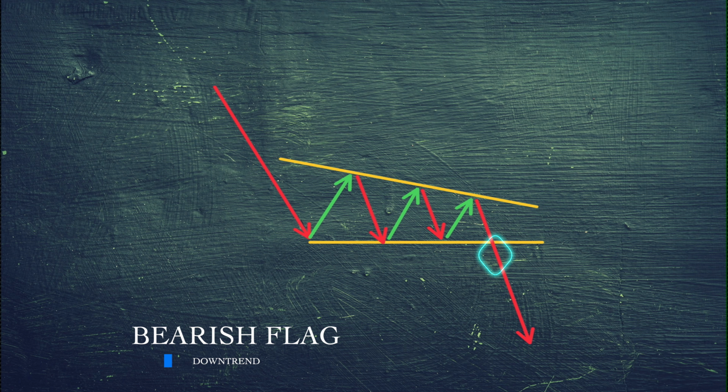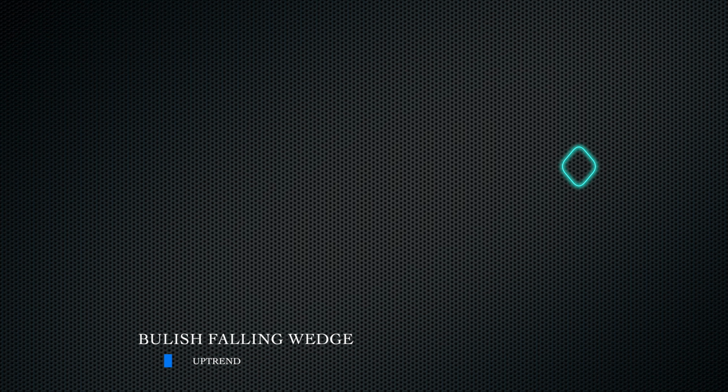The next chart pattern for the flag is the bullish falling wedge. As you remember, the falling wedge makes a lower low, but not a really much lower low. The lower low for us is not like a higher low, right? It doesn't make sense.